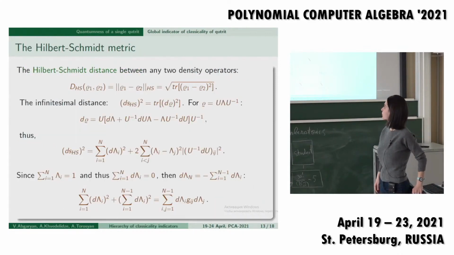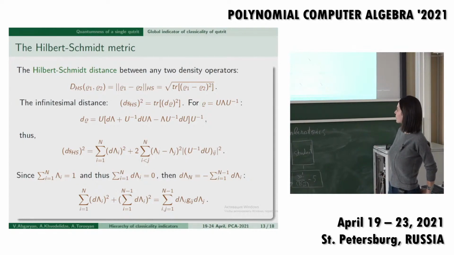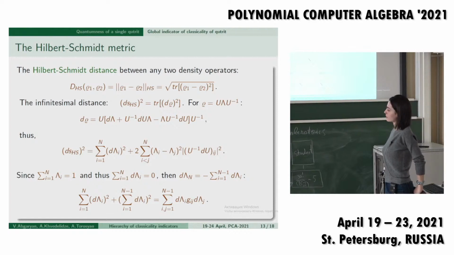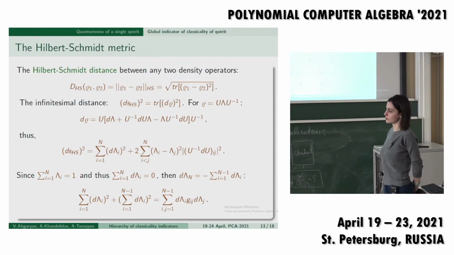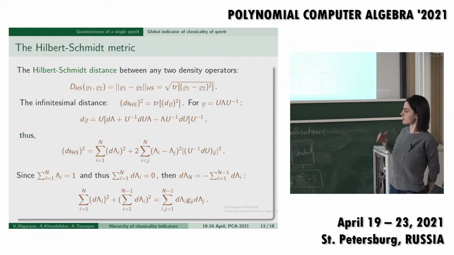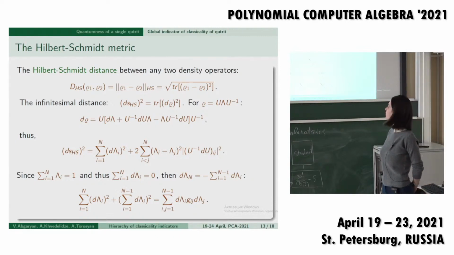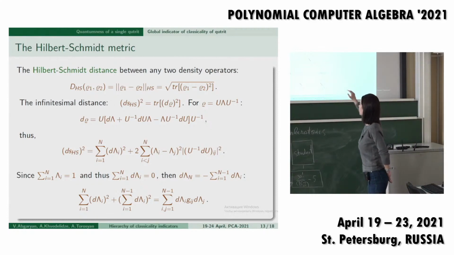A lot has been said about the Hilbert-Schmidt metric today, so I will just say that the Hilbert-Schmidt distance between two infinitesimally close points defines the distance in this way. And making use of the diagonal form of the density matrix ρ, we can rewrite the distance in this form.